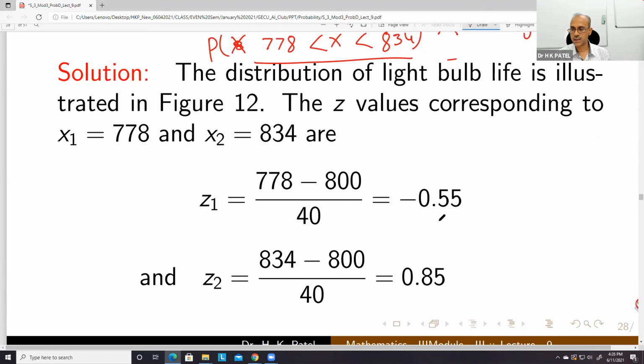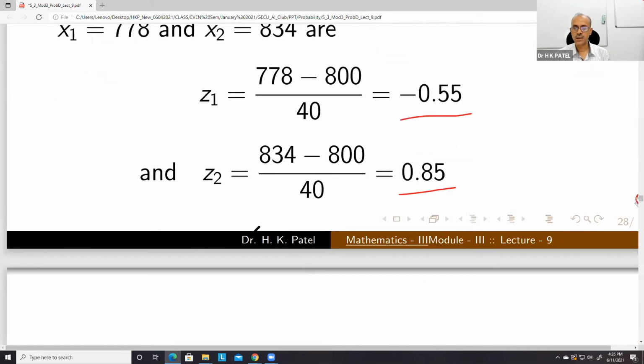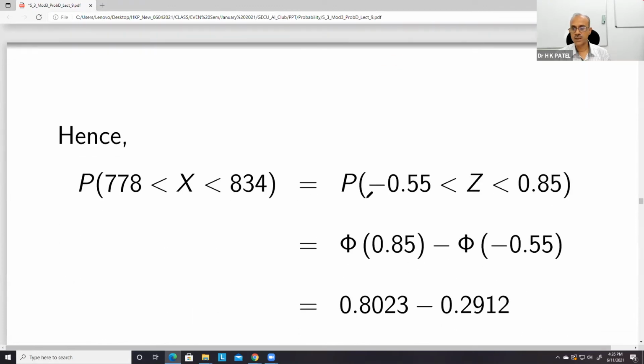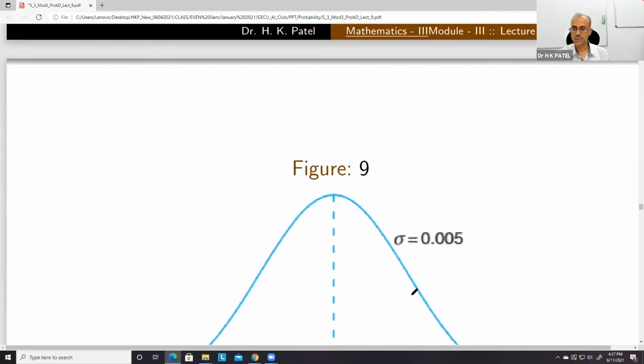These are minus 0.55 and 0.85, and therefore this probability is the CDF at 0.85 minus the CDF at minus 0.55. In this way, we can find the probability.